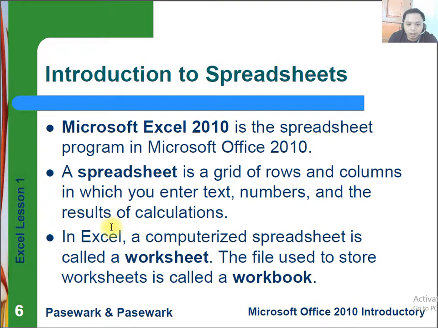Okay, so sa Excel, yung computerized, ibig sabihin spreadsheet siya na ginawa or from computer. Okay, ang tawag doon is a worksheet. The file used to store worksheet is called a workbook. Ngayon, pag sinave na natin yung worksheet natin, okay, ang tawag na doon is a workbook.